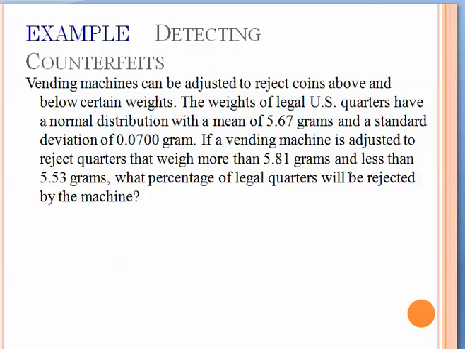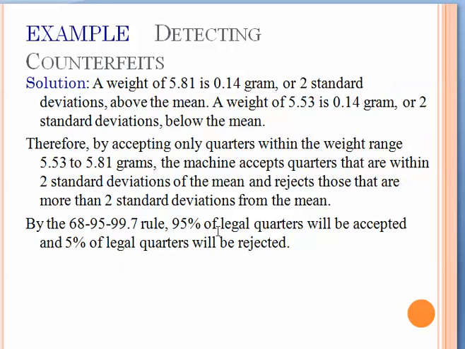If a vending machine is adjusted to reject quarters that weigh more than 5.81 grams and less than 5.53 grams, what percentage of legal quarters will be rejected by the machine? That's an interesting problem. So let's see how we work this out.